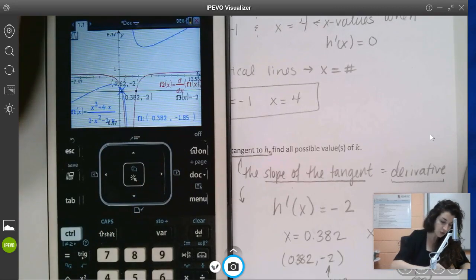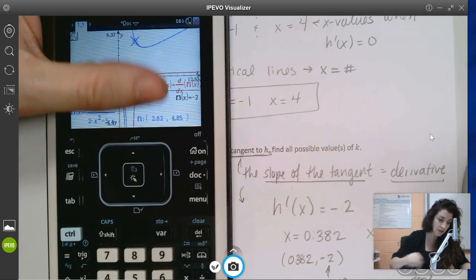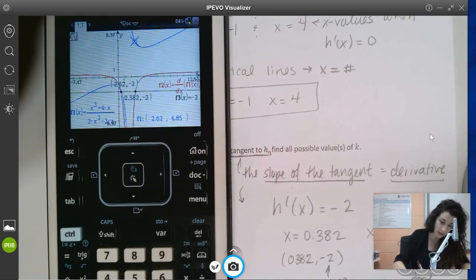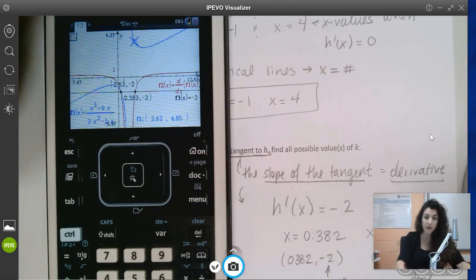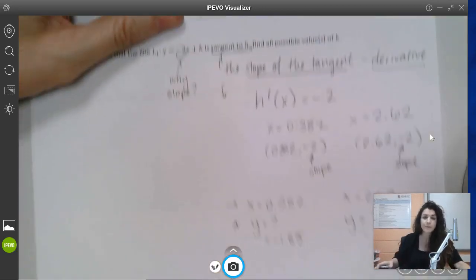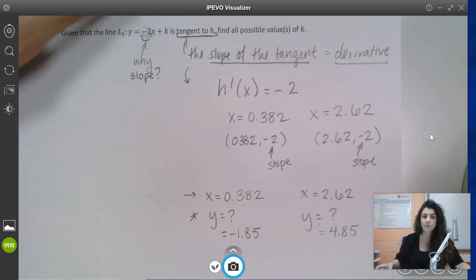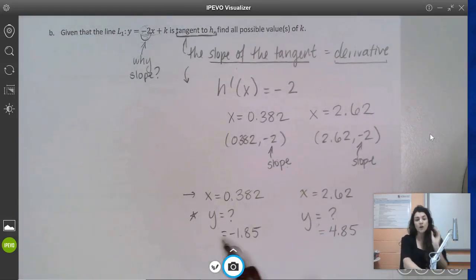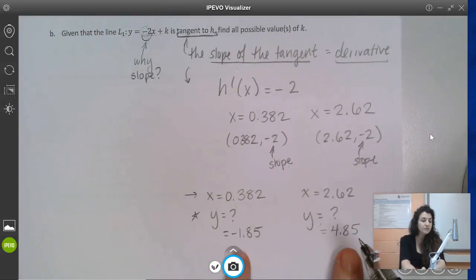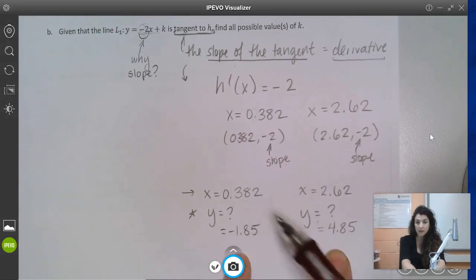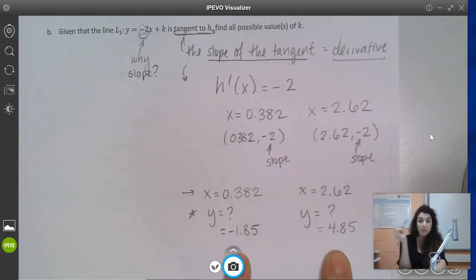Then I also need 2.62. Press enter, and the answer is 4.85. So we have the y values and the x values, the points.